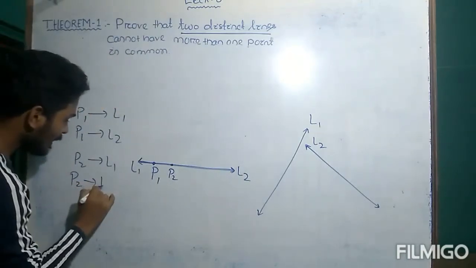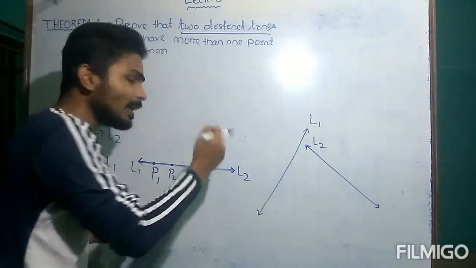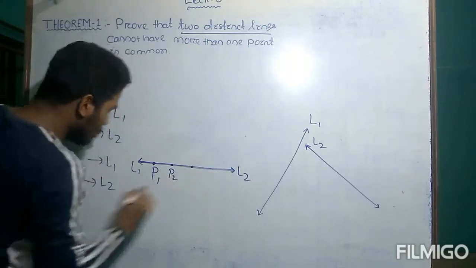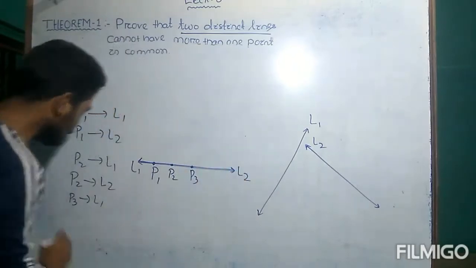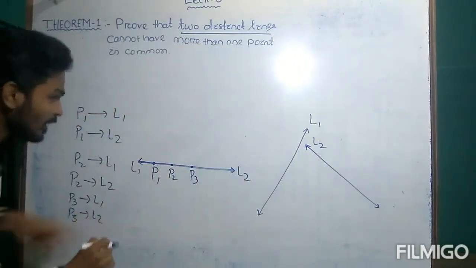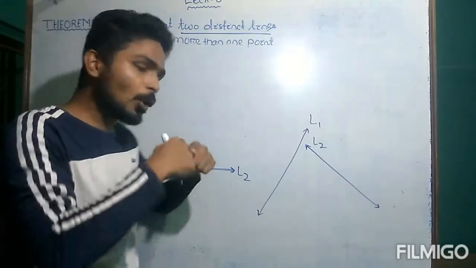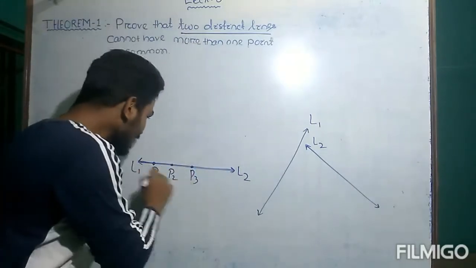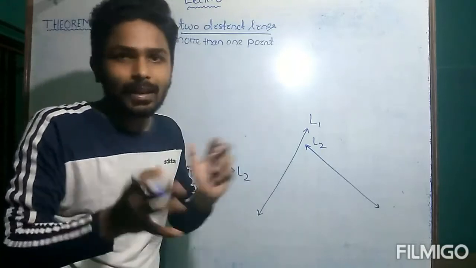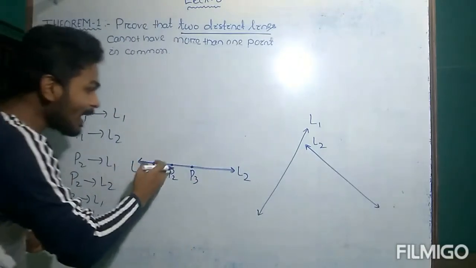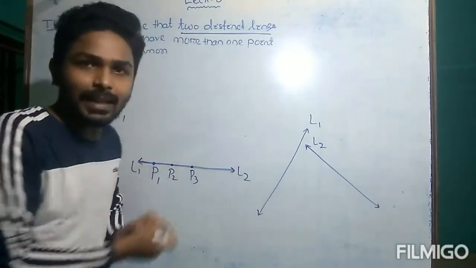So P2 is also common to both. Similarly, P3 on L1 is also a point on L2. It means if the two lines coincide with each other, then each point on that line is common to both lines. So there are an infinite number of common points between two coincident lines.